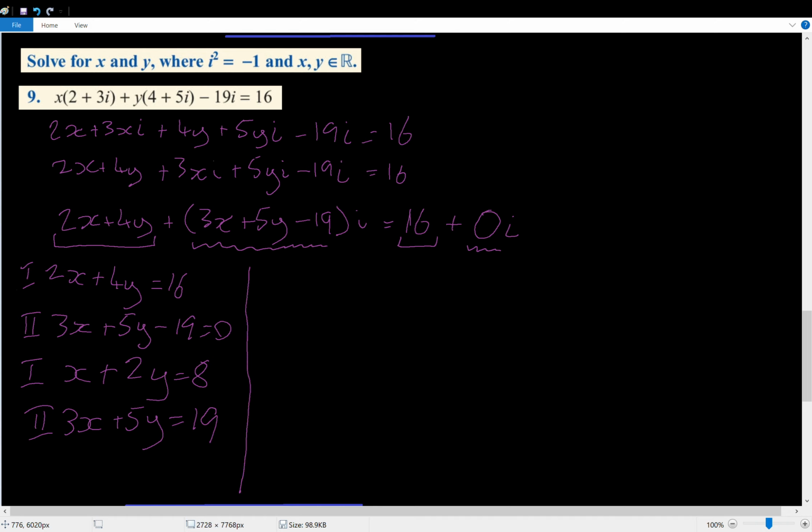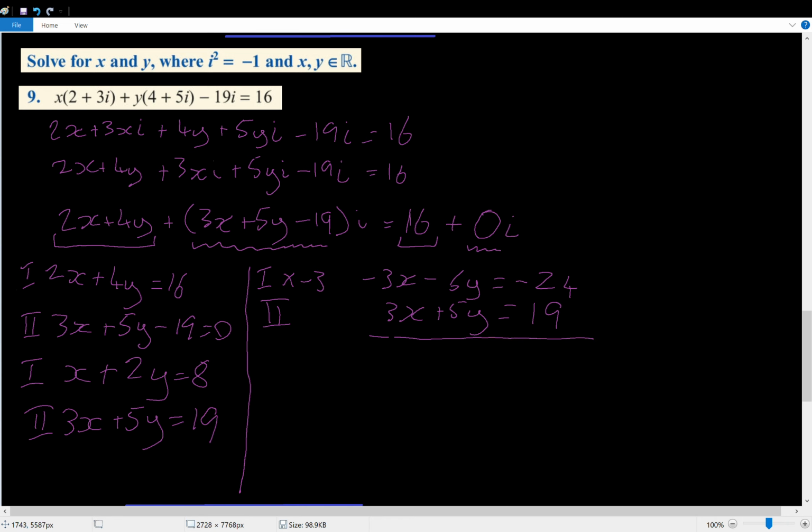So what we're going to need to do is get either the coefficient of x's or the y's to match with a different sign. So we're going to multiply equation 1 by minus 3, and we're going to do nothing to equation 2. So we're going to get minus 3x minus 6y is equal to minus 24, and then we're going to have 3x plus 5y is equal to 19, like that.